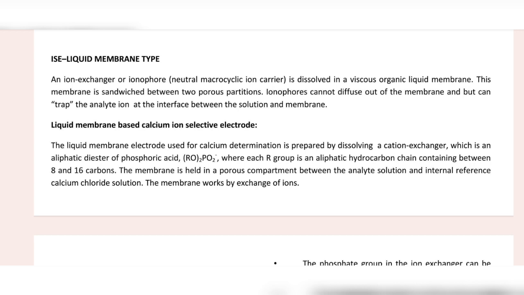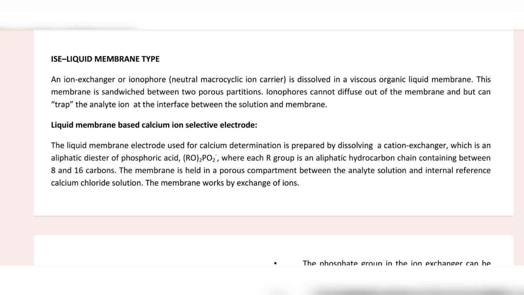For example, a typical liquid membrane based ion selective electrode, which is used for calcium ion estimation or calcium ion sensing, is the calcium ion selective electrode. This type of liquid membrane electrode used for calcium determination is prepared by dissolving a cation exchanger, which is an aliphatic diester of phosphoric acid, represented as (RO)2PO2-.